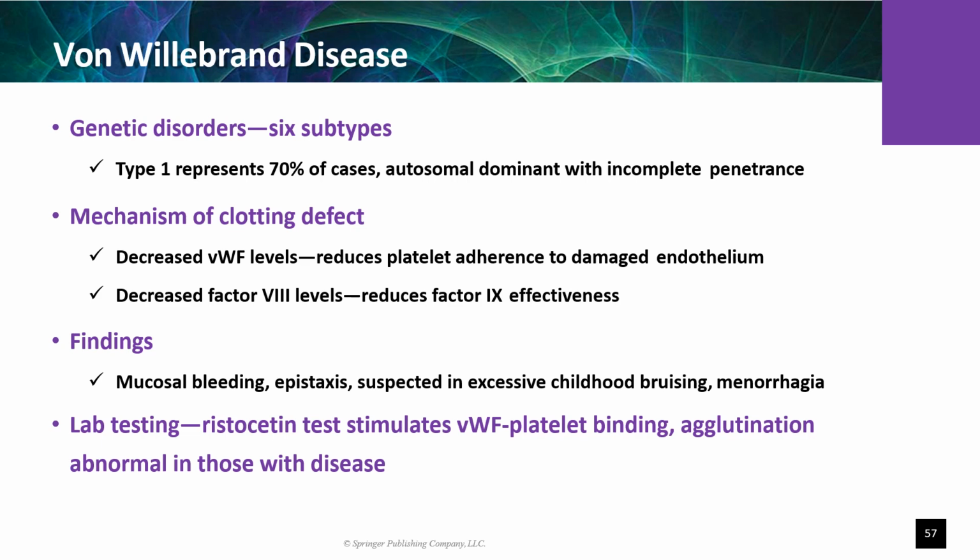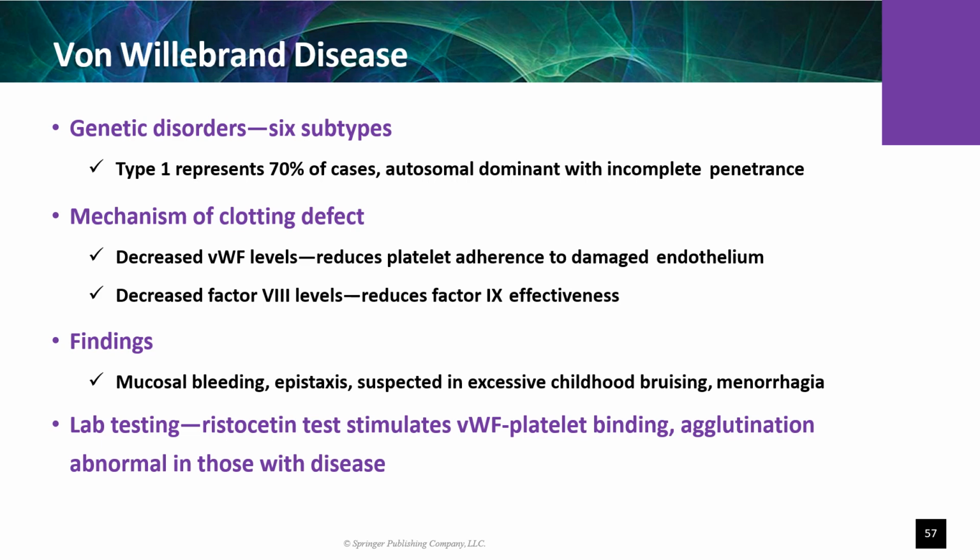Von Willebrand disease is the most common inherited bleeding disorder. It is a heterogeneous disease that occurs because of either a dysfunction or a lack of the VWF protein. VWF is a large multimeric glycoprotein that is coded by chromosome 12.